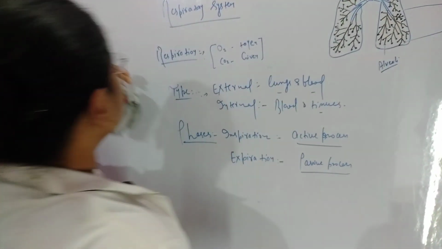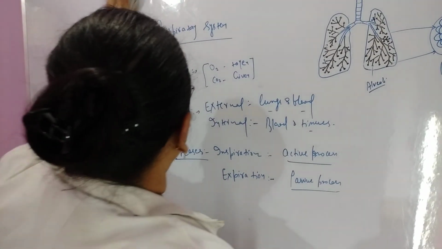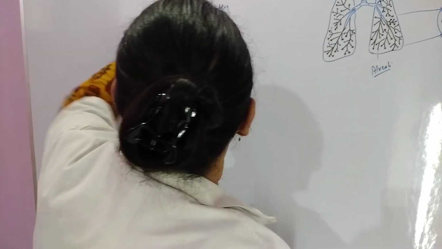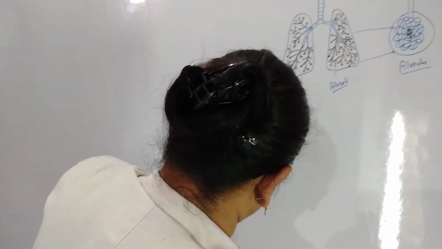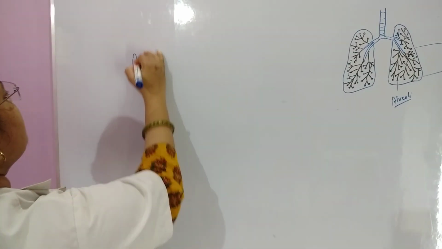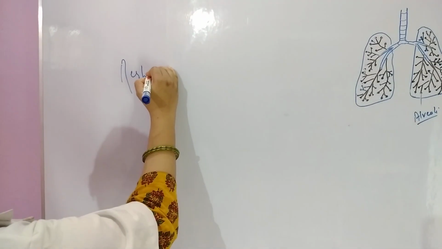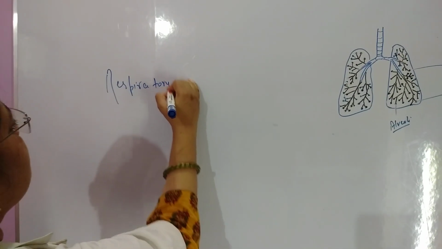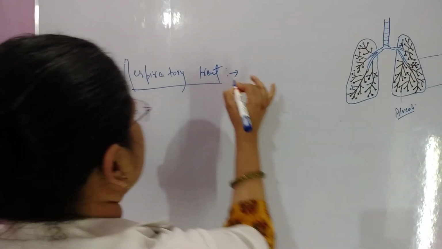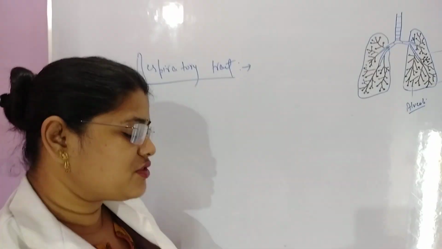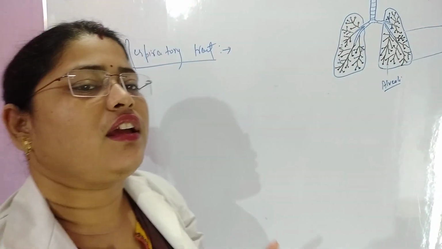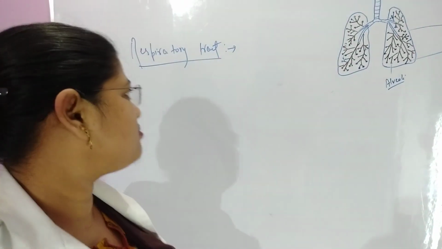What is the respiratory tract? Tract means a way, a tube. So the respiratory tract is a tract through which air moves in and air moves out from lungs.